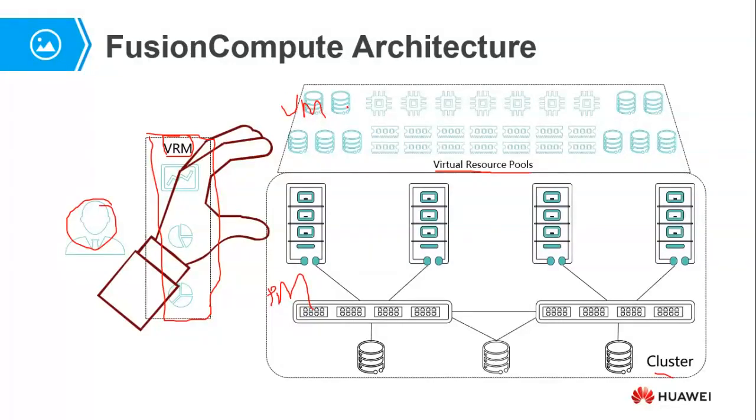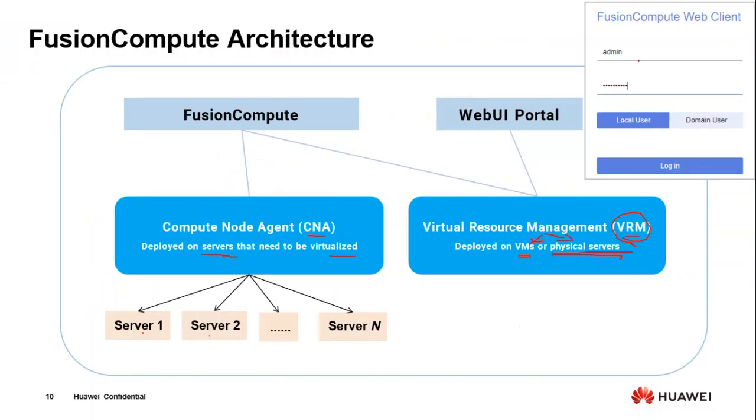You have the virtual machines, and all the resources are virtualized here in a pool of resources. They are taking a portion of these resources from a physical machine down here.